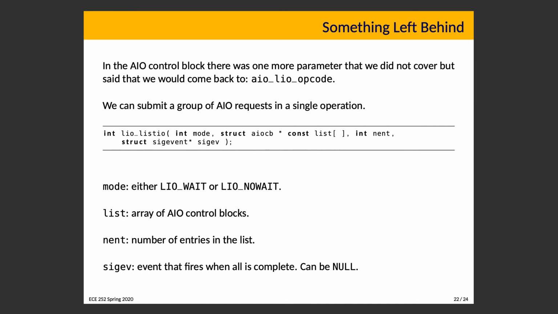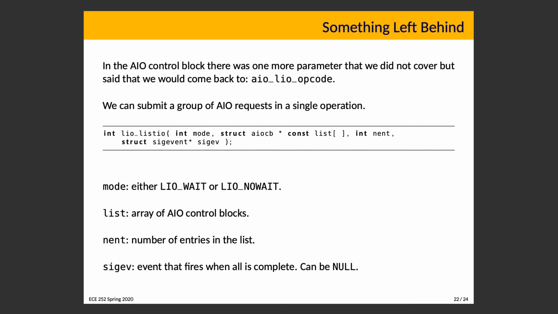If it takes some actual work to assemble and prepare the AIO control blocks, then you might prefer to do that. However, you might also say, couldn't we just start all of them, or enqueue all of them really, at once? And that's what the list IO operation is for. The lio_listio operation takes the following arguments.